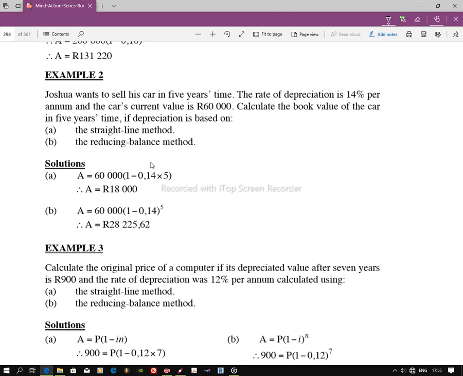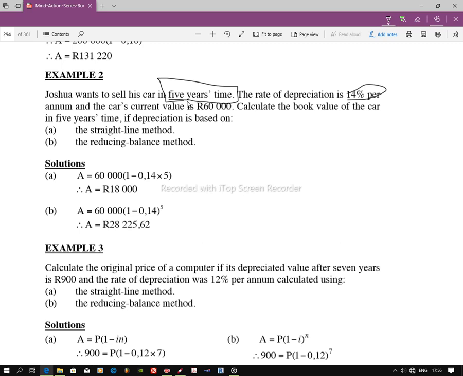For example number 2, they say Joshua wants to sell his car in 5 years time. The rate of depreciation is 14% per annum. Meaning maybe I bought the car this year, and in 5 years time I want to exchange or change the car, so I want to sell it.